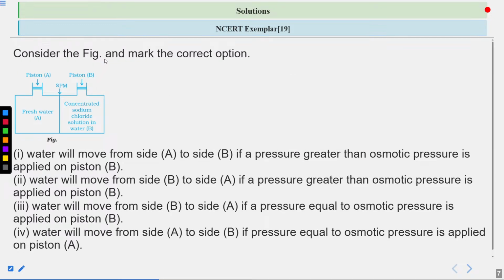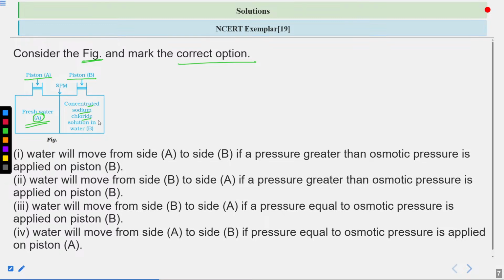This question asks us to consider the figure given and mark the correct option. We have this figure where there are two containers joined together at standard pressure, and there are two pistons attached to these two containers, piston A and piston B. In the first container we have fresh water, considered as A, and in the second container we have concentrated sodium chloride solution in water.